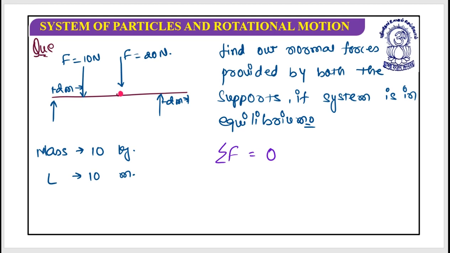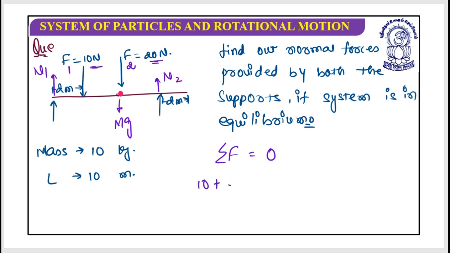So if I write that sigma forces will be equal to 0, this is the first force, this is the second force. Let's give them names, F1 and F2. This will provide the normal N1, this will provide the normal N2, and here it will be mg. All the forces acting on the downward side are 10 newton, 20 newton and mg.